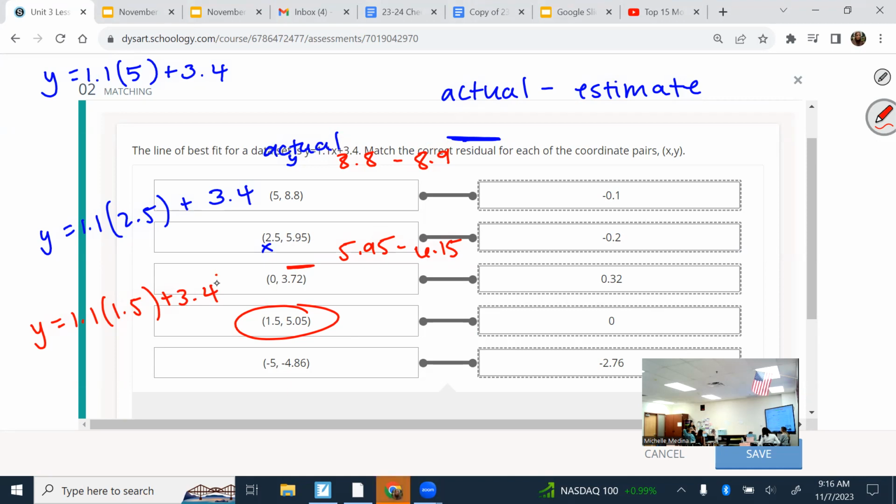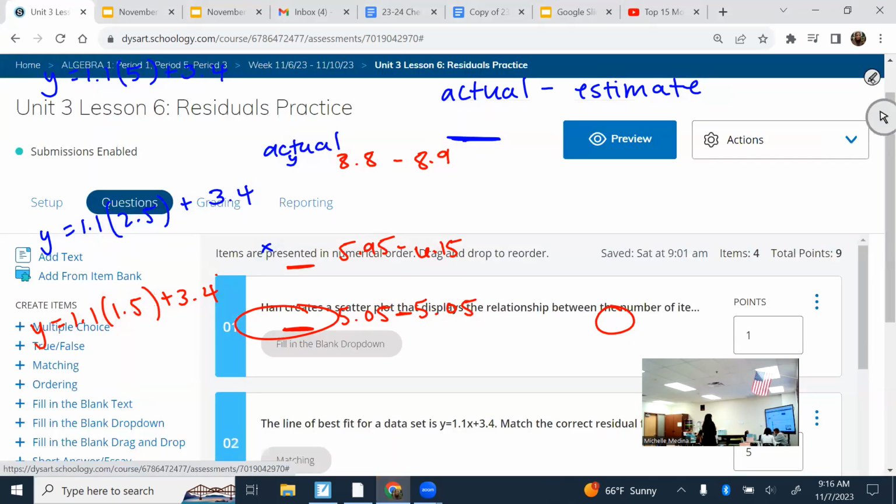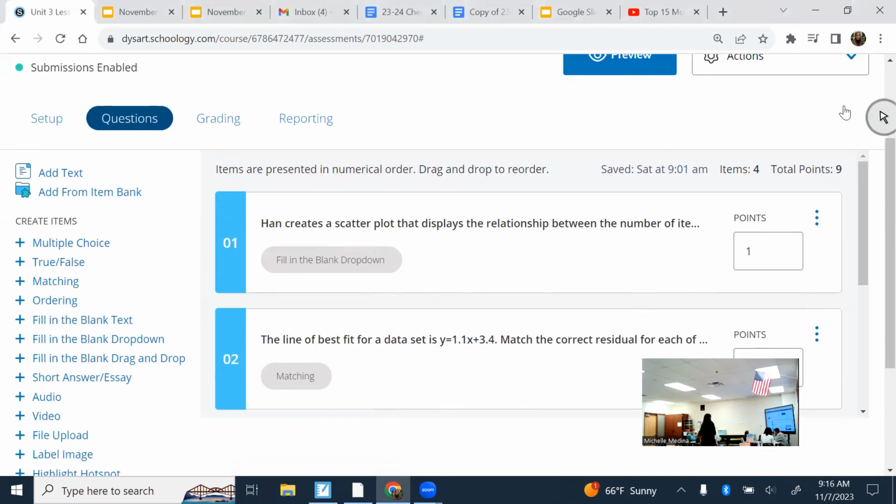You get 5.05. That's my estimated. So you need to do actual minus your estimated, and because they happen to be the exact same number, that's why it is 0. Questions on that one? Questions on any other, even the 3 on this practice? I'll try to put it to where it gives you partial credit on that other one.